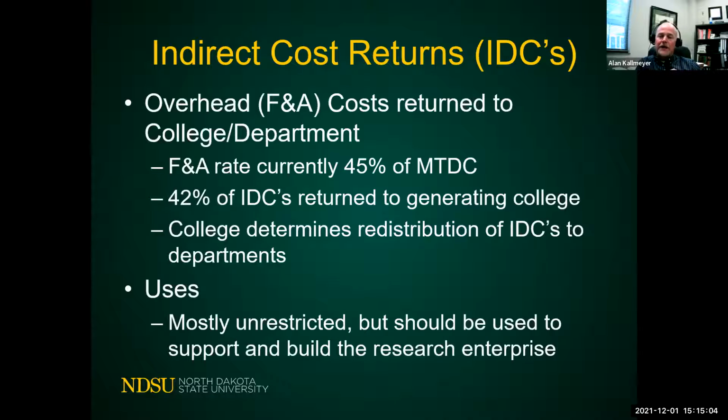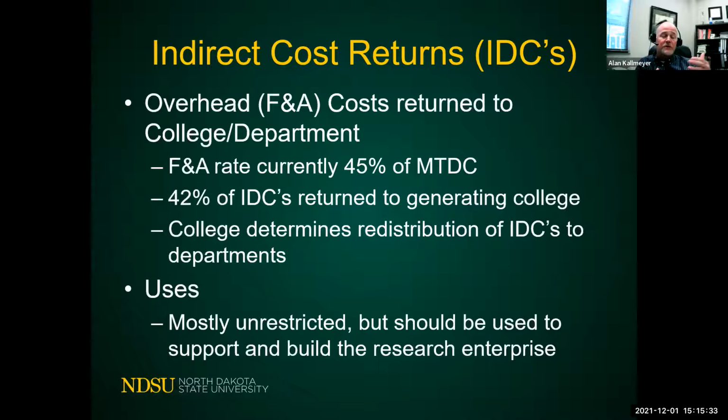But that money that comes back is very good for helping programs sustain their research programs, and so we will use that money basically to support our research enterprise. I might use those funds to support a junior faculty member that needs to travel to a conference, or they might need some lab supplies or some equipment as seed money to get their research up and going.